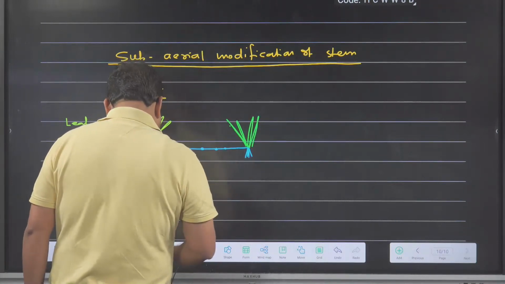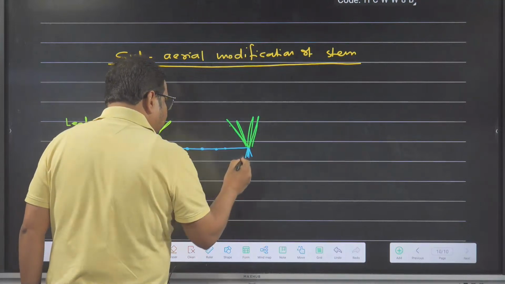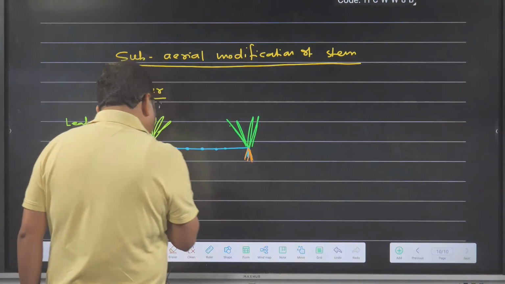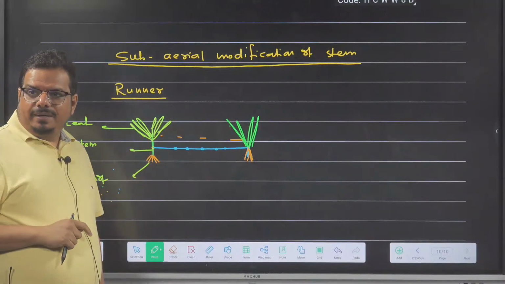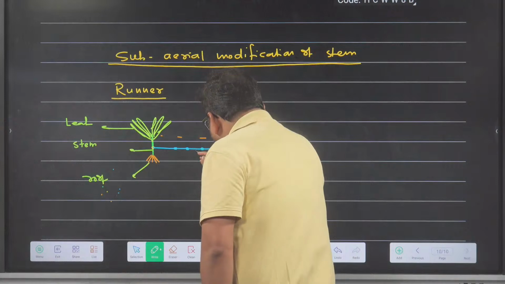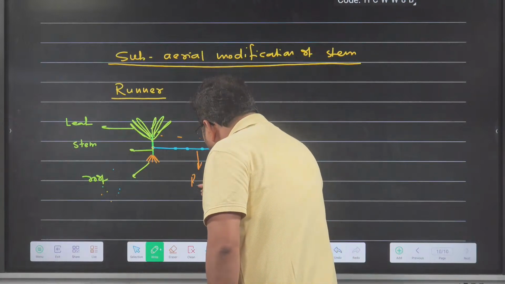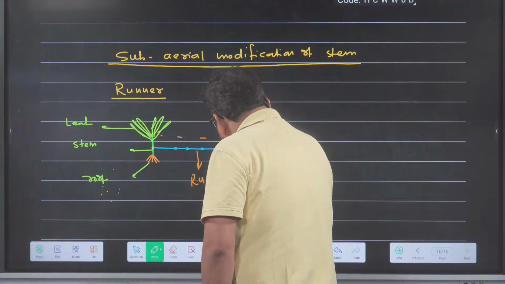So it is the same type of structure looking like running on the surface of soil, moving from here to here. So it is called a runner. This branch is called what basically? Runner. This is the grass, this branch is the runner.